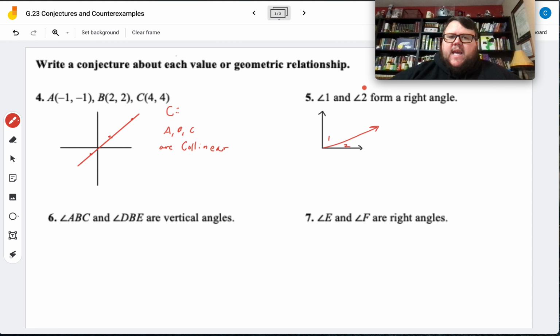So now what can we say about angle 1 and angle 2? Well, they form a right triangle, but we have a term for that.